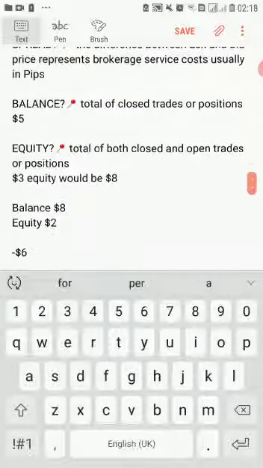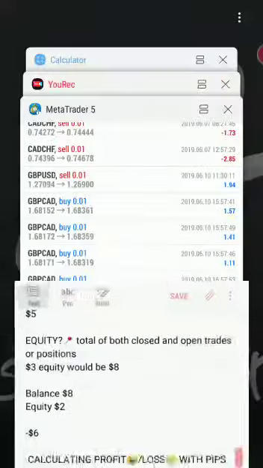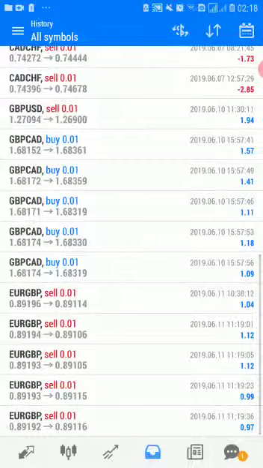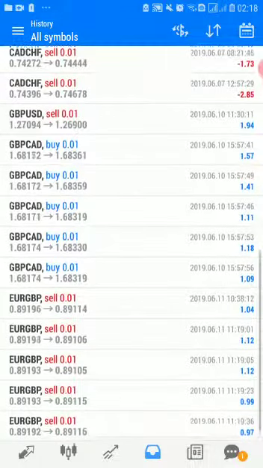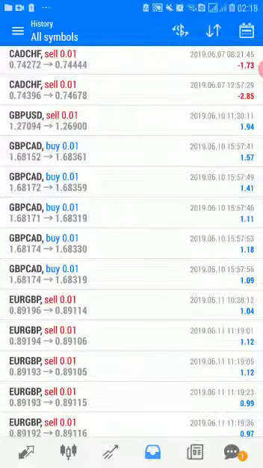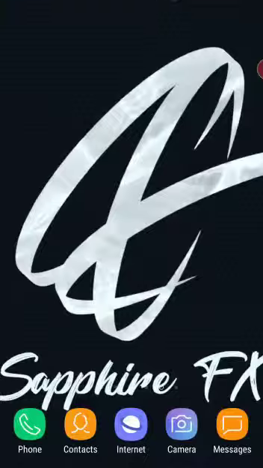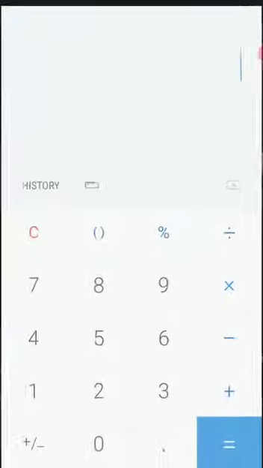With a standard lot of 1.0, what we're saying is $10 per pip, and if it was to move by 10 pips in profit or loss, it would be 10 times 10, that would be $100, plus or minus $100.